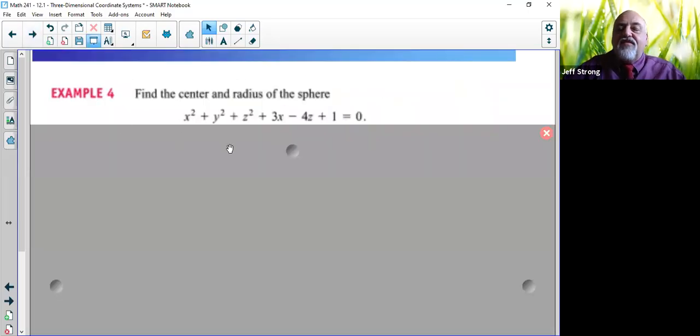All right, so find the center and the radius of this sphere. What we need to do is put it into standard form. We need to get the x's together, the y's together, and the z's together, and complete the square for each of those.